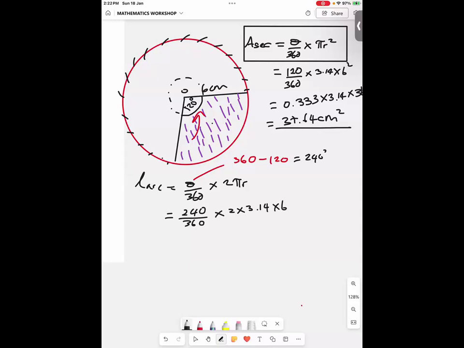All right, go ahead, guys, and process that calculation for me. 240 divided by 360 times 2 times 3.14 times 6, and let me know what you have gotten. 25.12. Just centimeter. That's it, because it's the length of the arc.